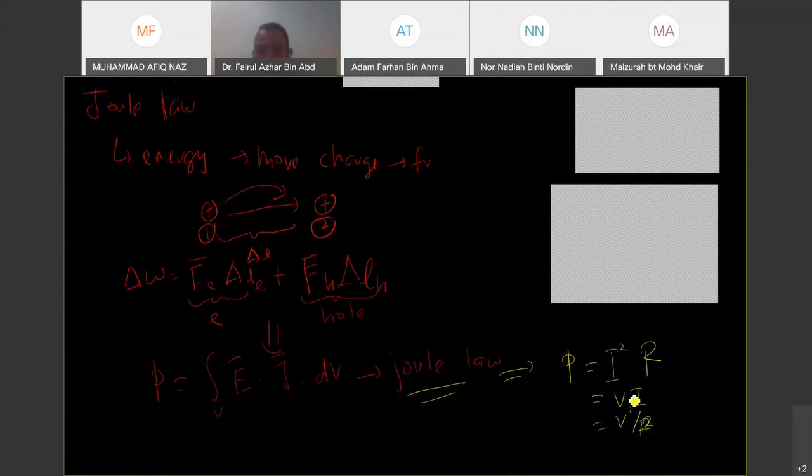But the topic wants to show you how we can get from energy, the energy change when we move one charge from one point to another, and from this change of energy, how we can derive the power equation.